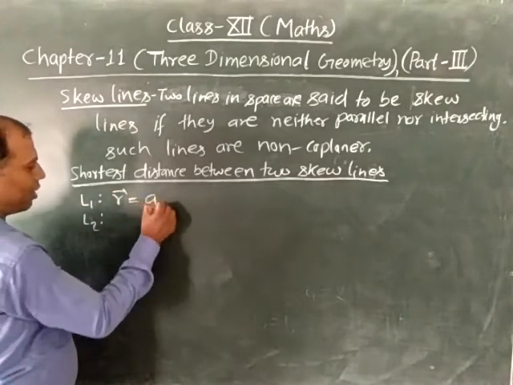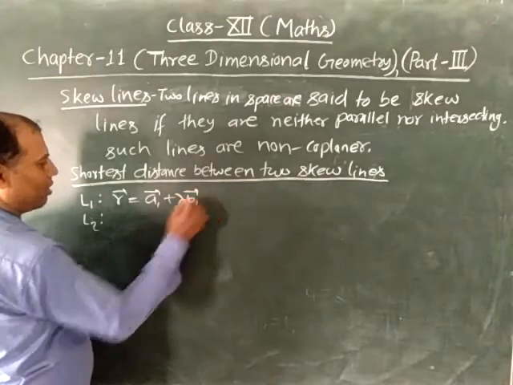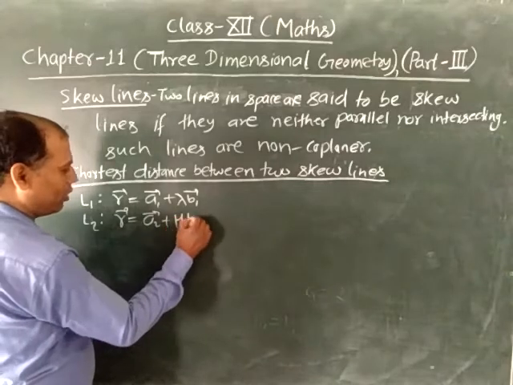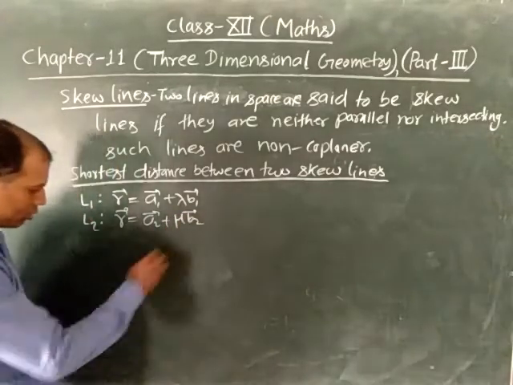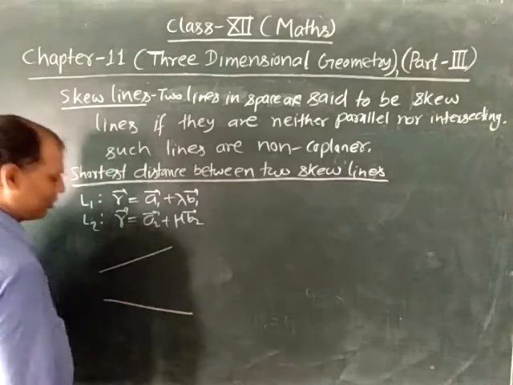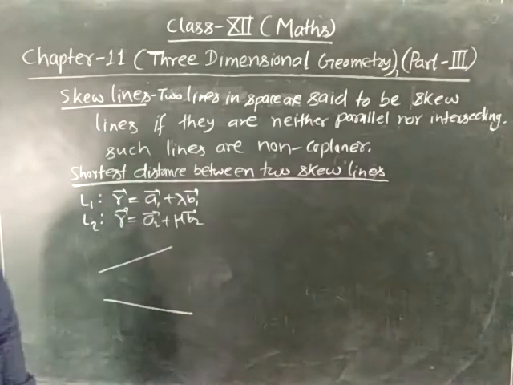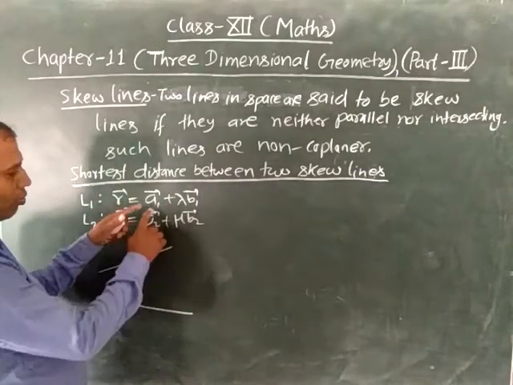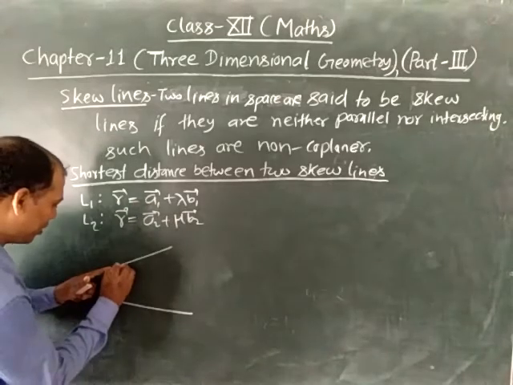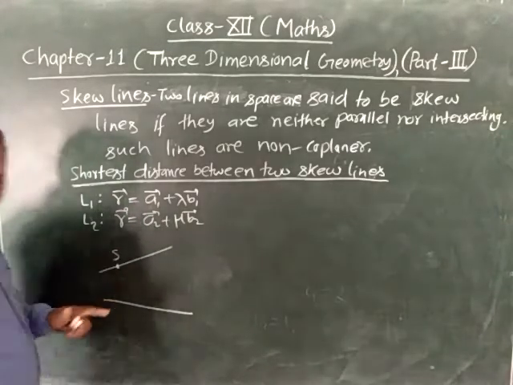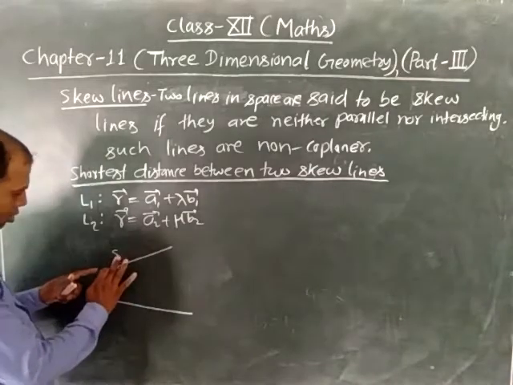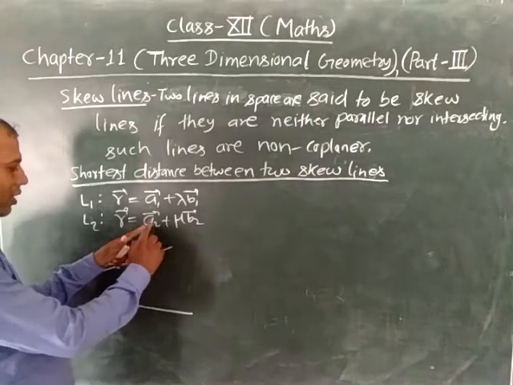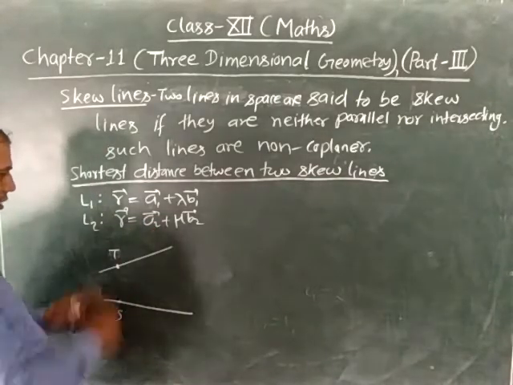Then equation of line L1 can be written as A1 plus lambda B1, and the equation of line L2 is A2 plus mu B2. Consider the skew lines are these, and this line passes through a point whose position vector is A1. Suppose that point is S, and this line passes through a point whose position vector is A2. That point is taken as T.